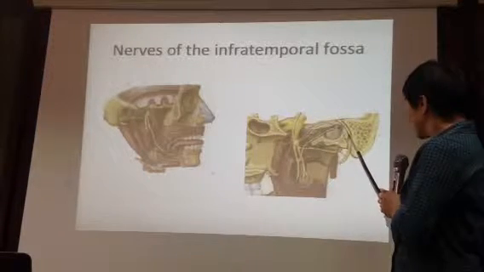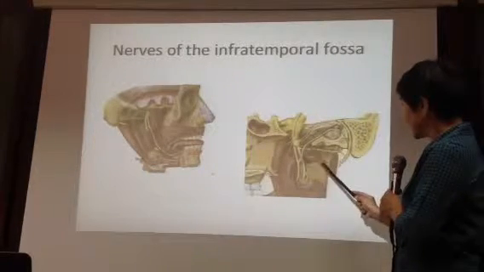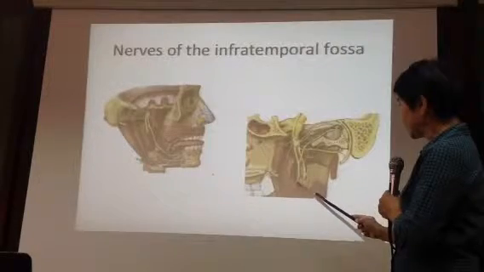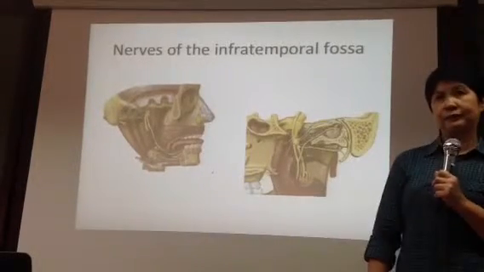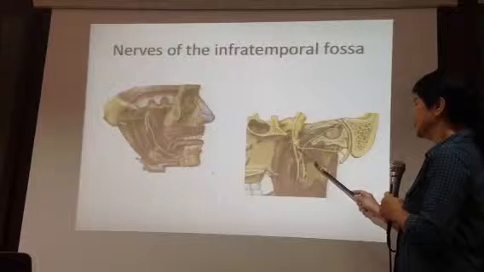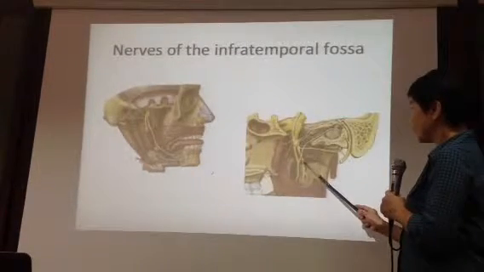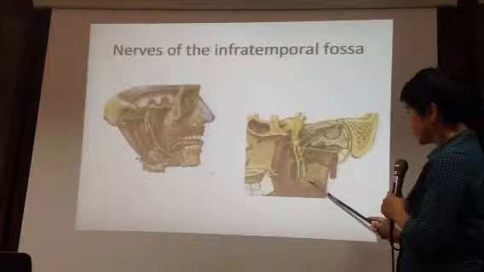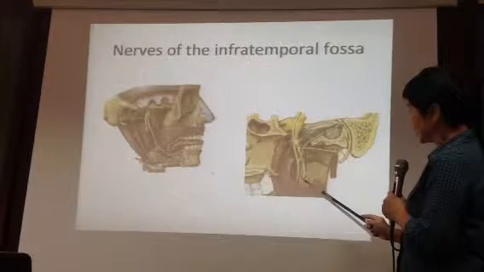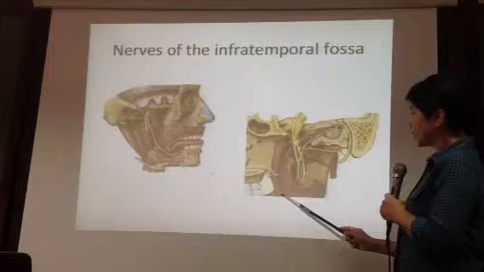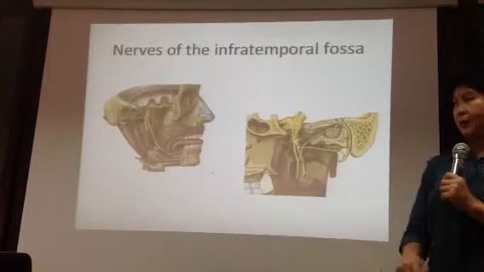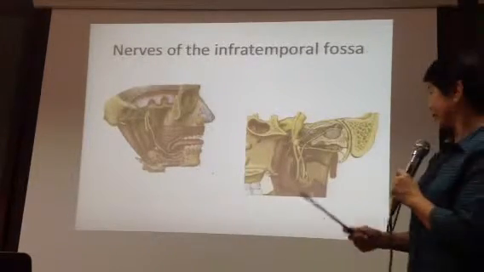Ito yung facial nerve sa middle ear, it gives rise to this chorda tympani which will join the lingual nerve. And this is the inferior alveolar nerve, and this is the nerve to the mylohyoid, and that is the inferior alveolar nerve that will be running through the mandibular canal, supplying the lower teeth.